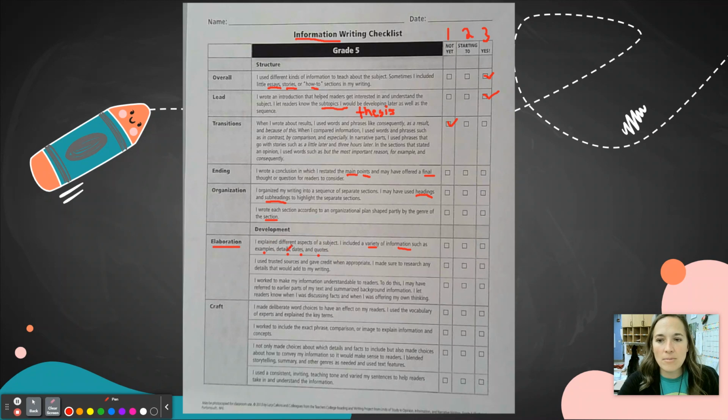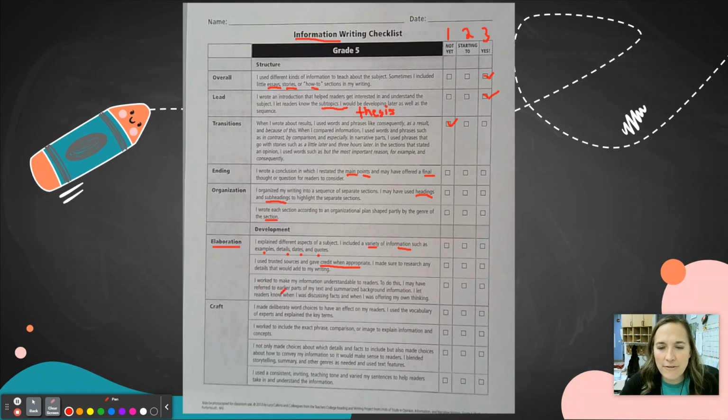They used different kinds of information, and they didn't just use one source. I used trusted sources and gave credit where appropriate. That means they said, according to Mystery Dog, according to Wikipedia, wherever they got their information, they gave it credit where they did. I worked to make my information understandable to the readers.